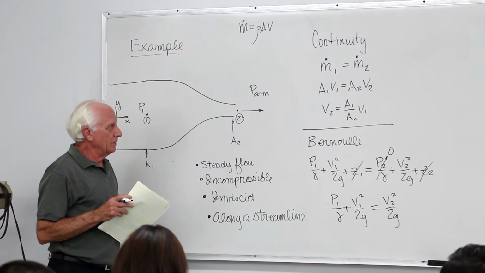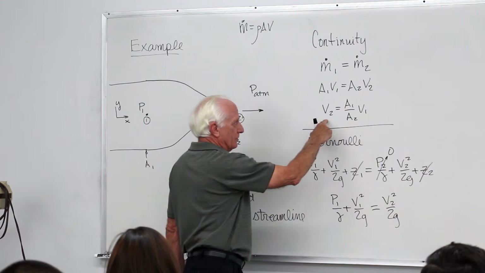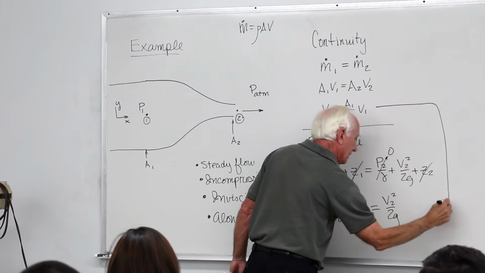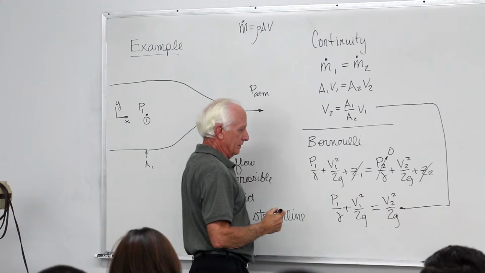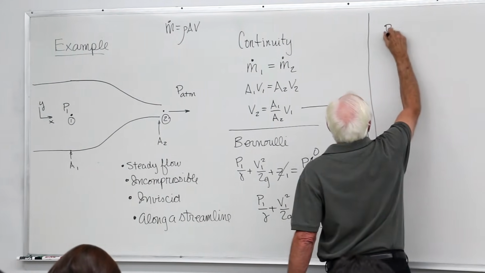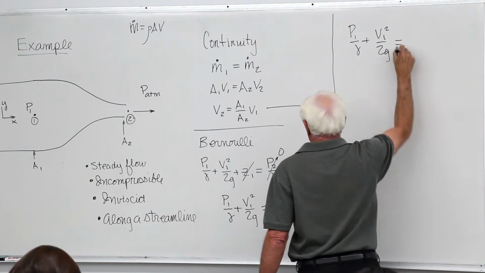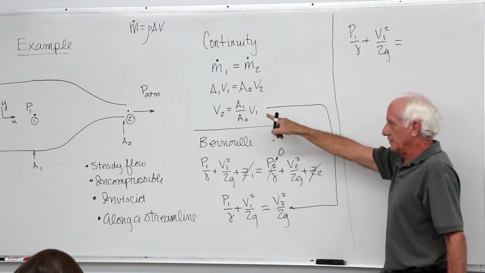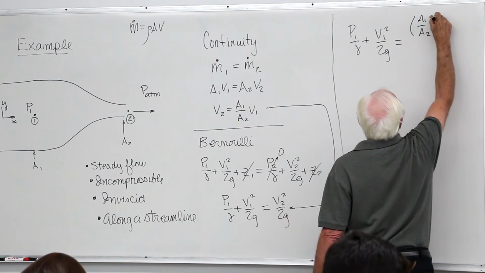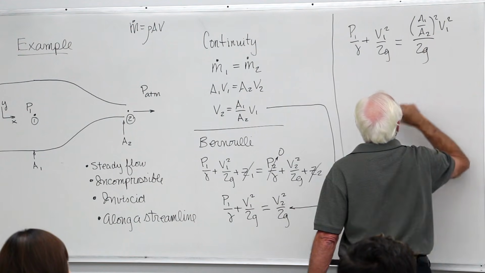If you want, you can combine these 2 together, because here's V2 in terms of V1. So I could put this in here for V2. So I'll go ahead and do that. P1 over gamma plus V1 squared over 2g equals, squaring V2, A1 over A2 squared times V1 squared divided by 2g.